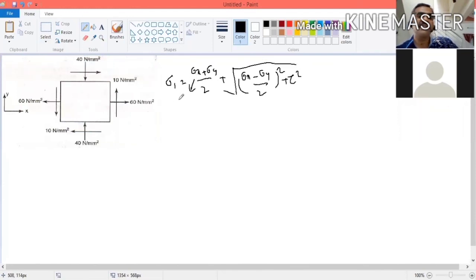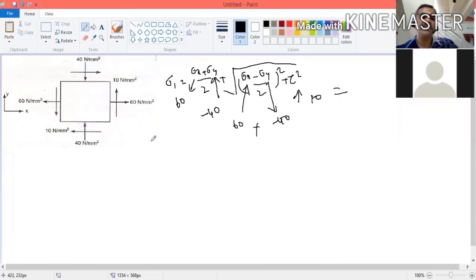Sigma x is 60. What is sigma y? Sigma y is minus 40. Here one minus is there. Already 40 is plus, so you have to put minus 40. That is minus of minus plus. Tau is equal to 10. You will get sigma 1.